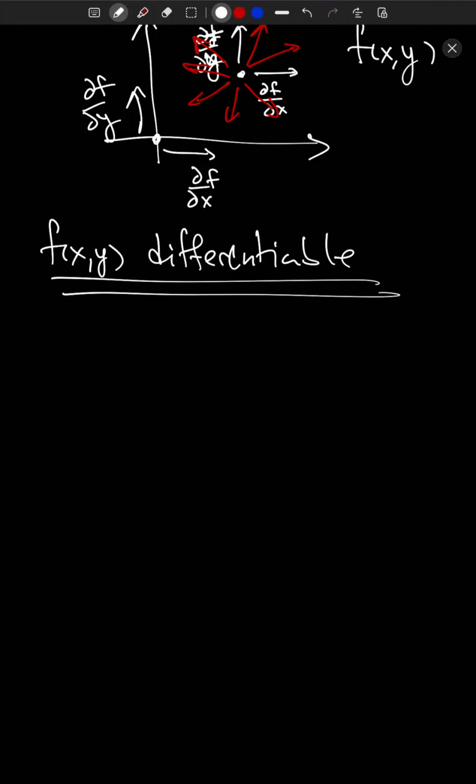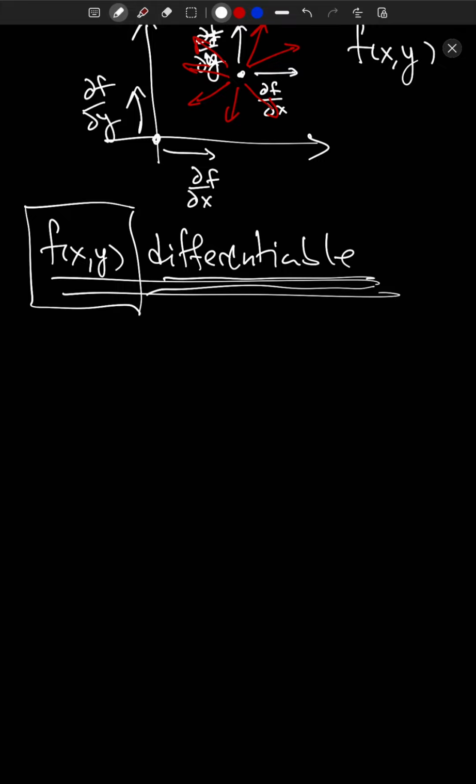Those functions can behave extremely wildly, but you'll see when functions are differentiable, things work out very nice and smooth. Okay, so remember, to be differentiable means that f of x, in terms of its derivatives, behaves like its linear approximation.